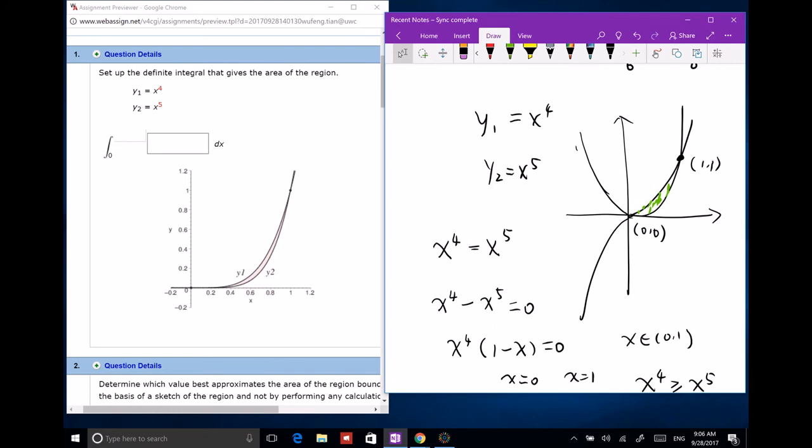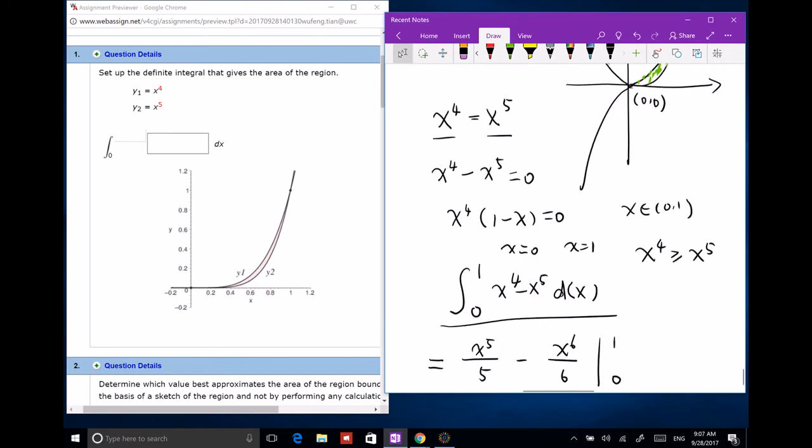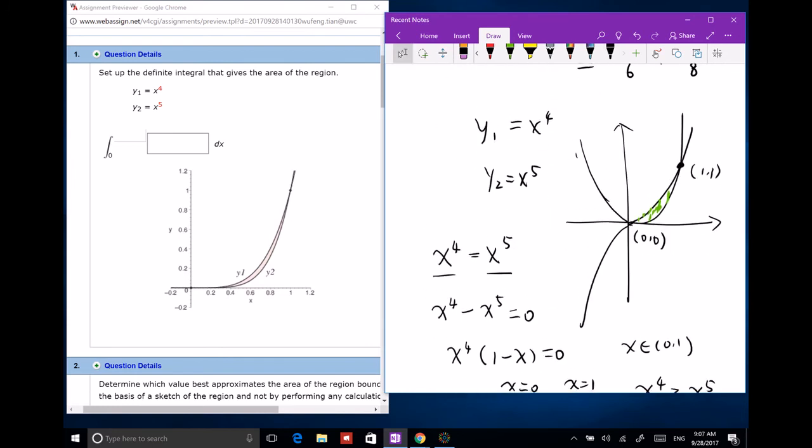You have to set them equal to each other. Does that make sense? Okay, thank you. Yeah, you need to set the two functions equal to each other and find the two points. Okay? So does anyone have any questions about this problem? Everyone okay? Yes? Okay.